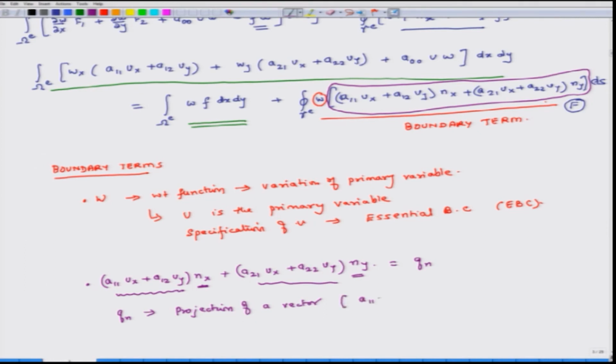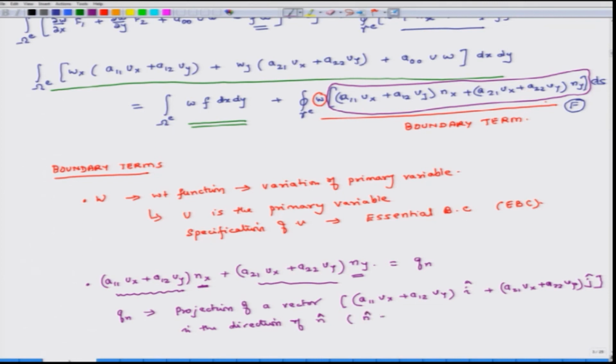The vector will be (A11 Ux plus A12 Uy) i plus (A21 Ux plus A22 Uy) j. If I project this vector in the direction of n, why?